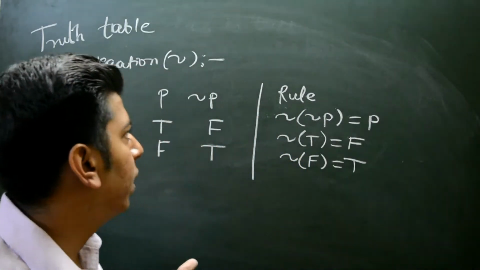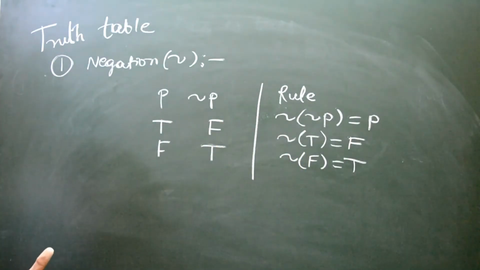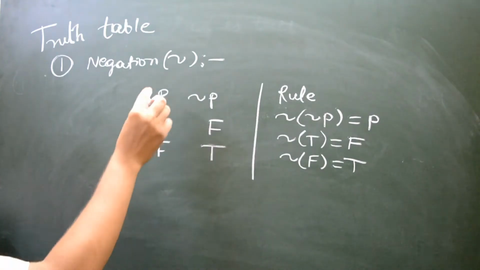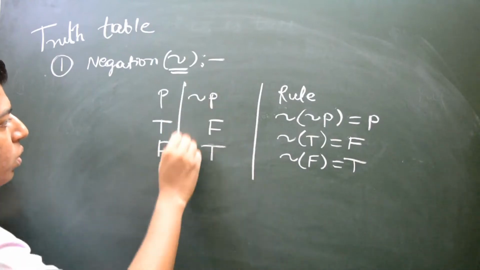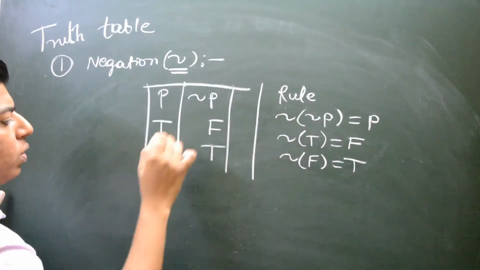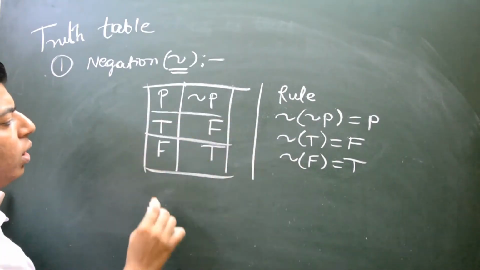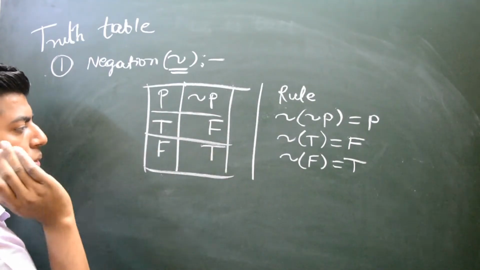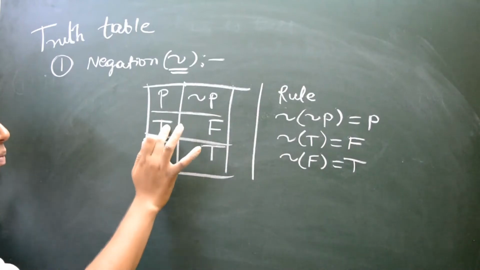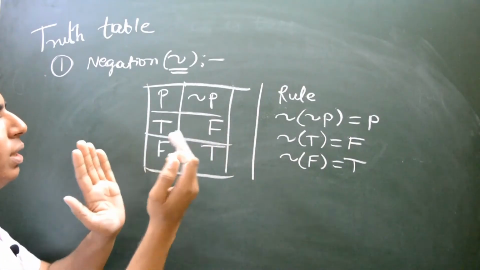First we are going to learn about negation, whose symbol is like this. This is a table, basically a truth table. So if the truth value is T, then the negation of it is false.